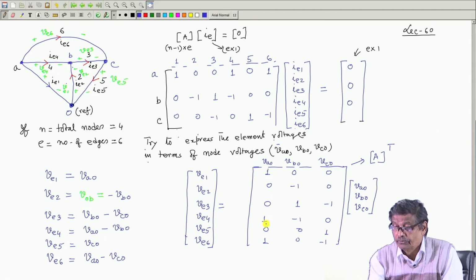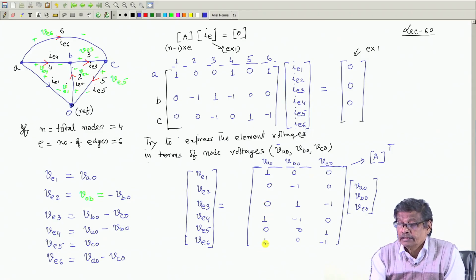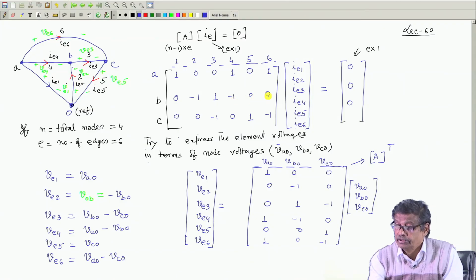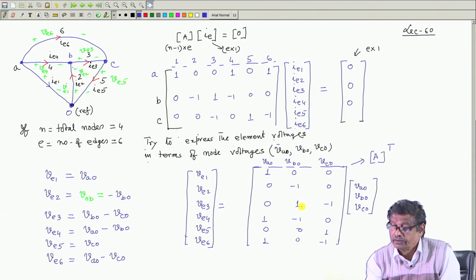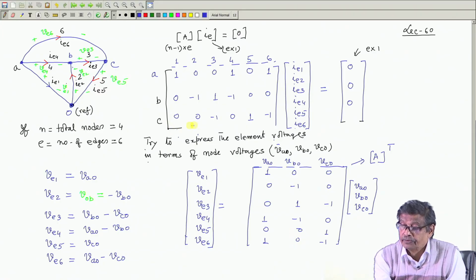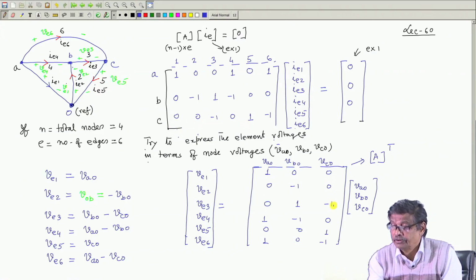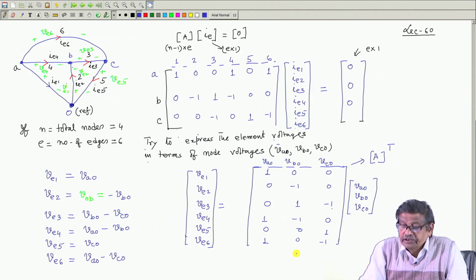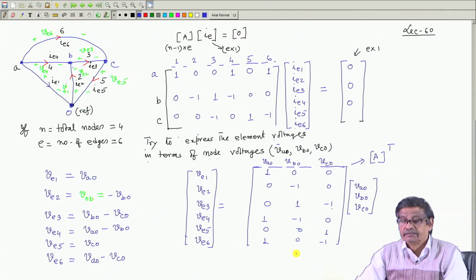Similarly, the second row, 0 minus 1 1 minus 1 0 0, has become the second column. The third row, 0 0 minus 1 0 0 minus 1, has become the third column. So, it is no new matrix. The relationship between element voltages and node voltages is like this.